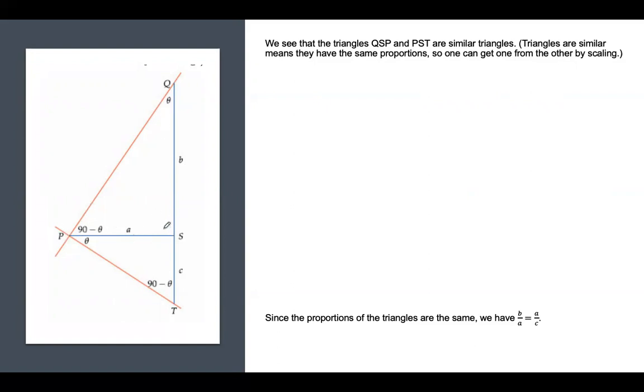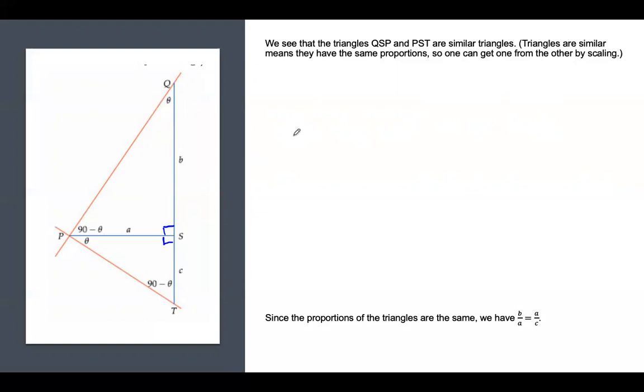Now, this here would also be 90. And here would be 90. So we can find that this angle here, this is going to be 90 minus theta, and this is going to be theta. We can do a triangle has like 180 degrees, subtract this 90, this angle, and you get that angle.